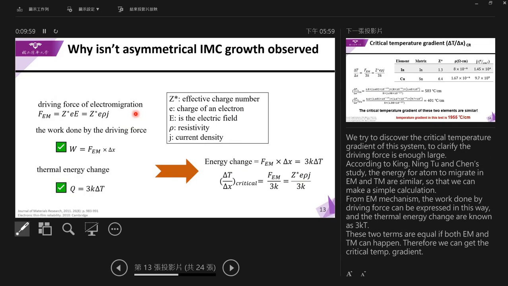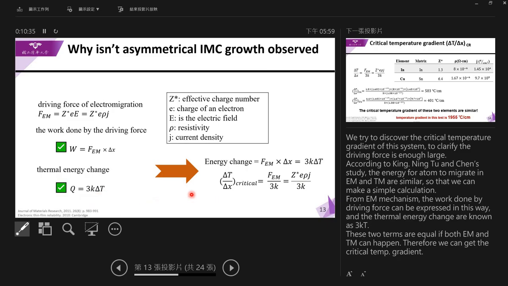We try to discover the critical temperature gradient of these systems to clarify whether the driving force is large enough. According to Professor King-Ning Tu and Chih Chen's study, the energy for an atom to migrate in electromigration and thermal migration is similar, so we can make a simple assumption. From the electromigration mechanism, the work done by the driving force can be expressed in this way, and the thermal energy change is known as 3kΔT here.